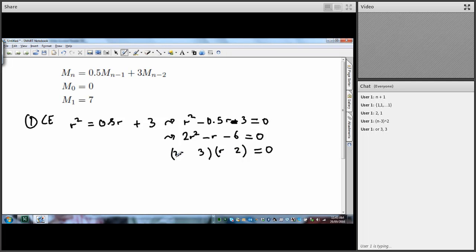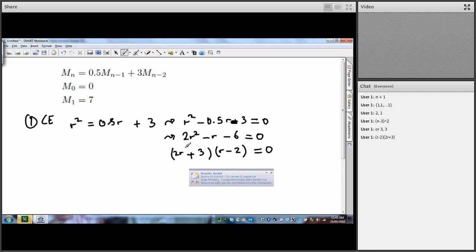The standard thing to solve it is to tuck everything on one side. I shouldn't make mistakes. I should make that a minus sign to be correct. At this point, it's got fractions in it, so you could either use the quadratic formula straight away, which might be quicker for you, or I'm going to try to factorize.